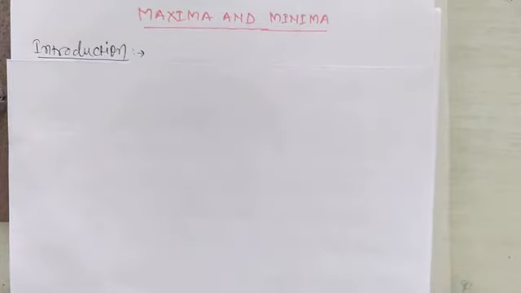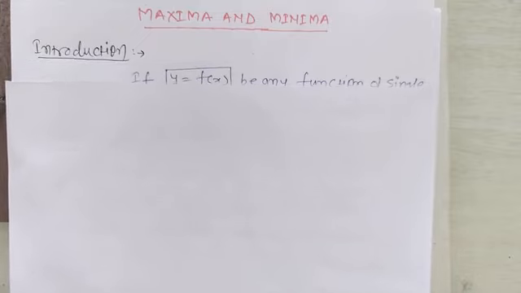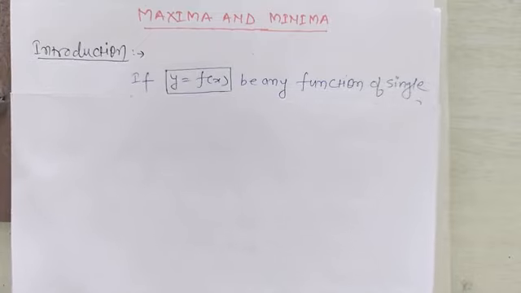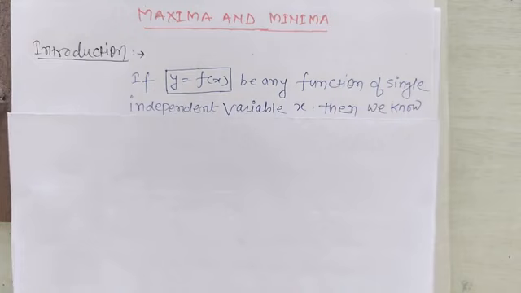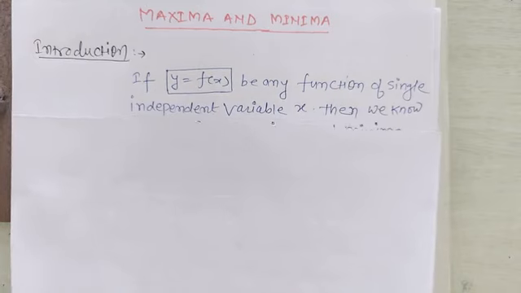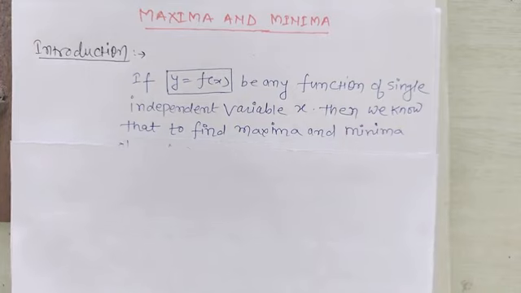Suppose we are given a function f(x) of a single independent variable x. To find the maxima and minima of the function f(x), we follow this procedure. First, we differentiate f(x) with respect to x.